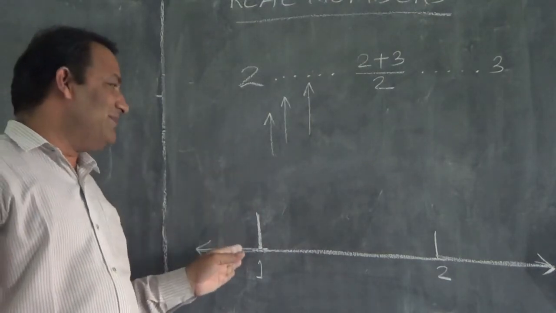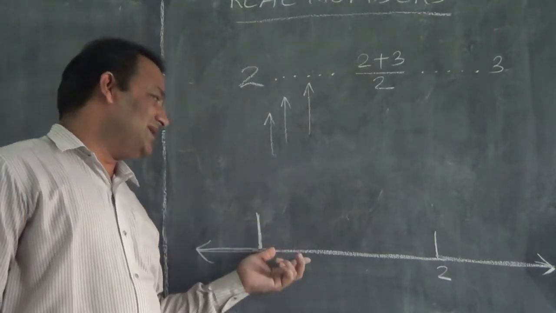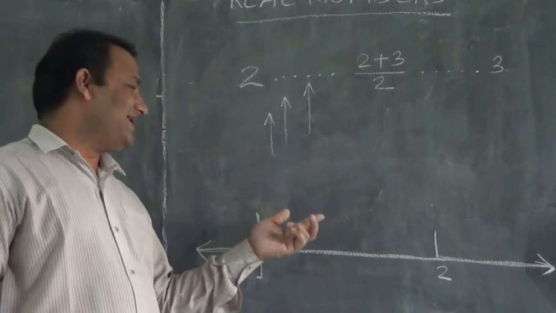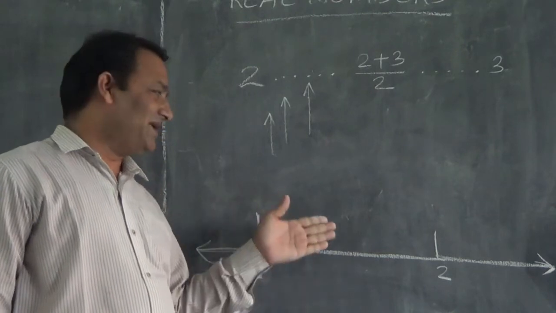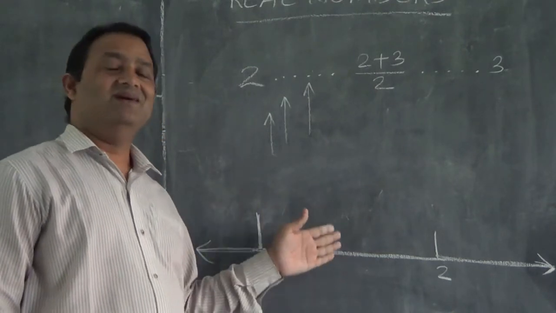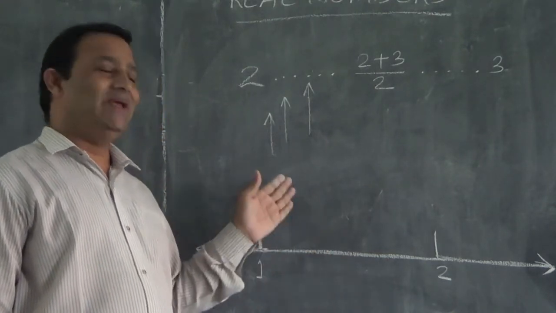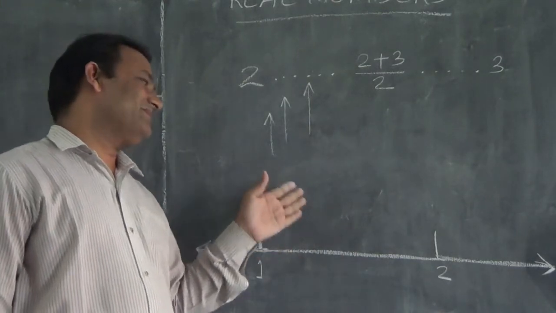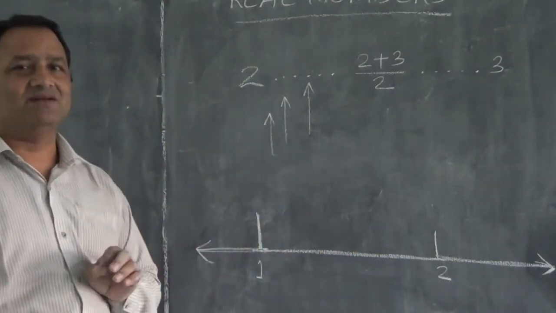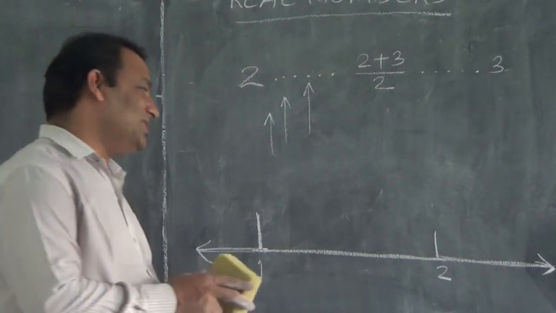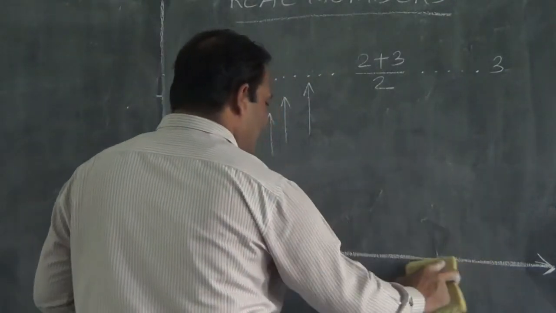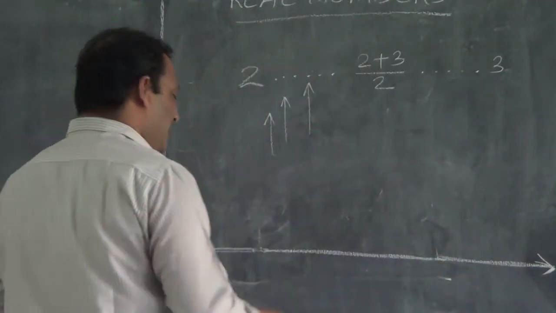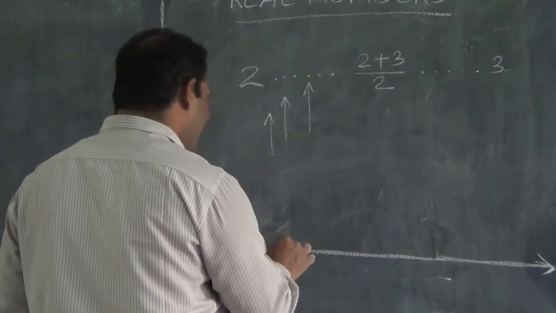So on the same number line, we can represent natural numbers, whole numbers, integers, rational numbers. We can also represent irrational numbers here. We learned that day how to represent the irrational number root 2 on the number line.